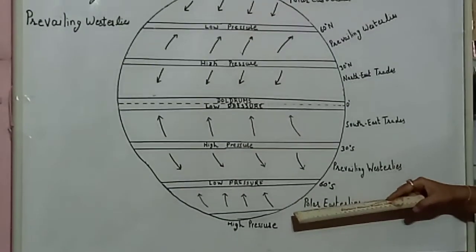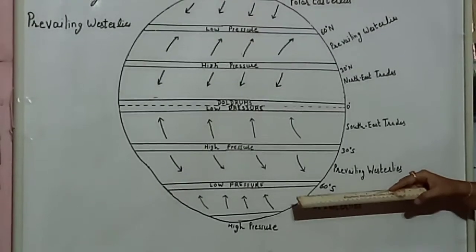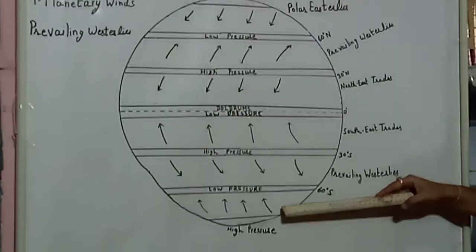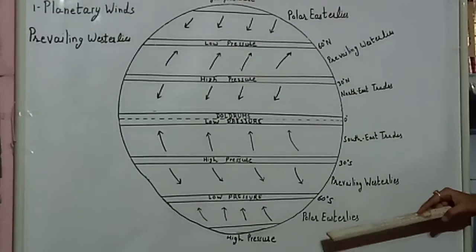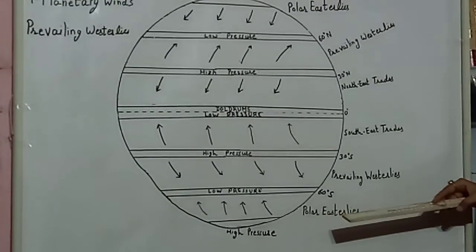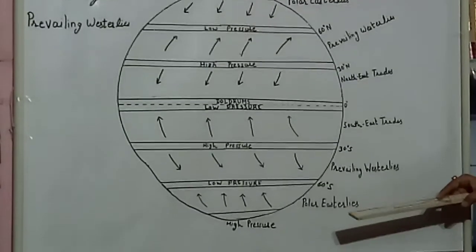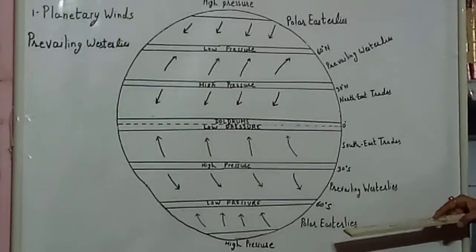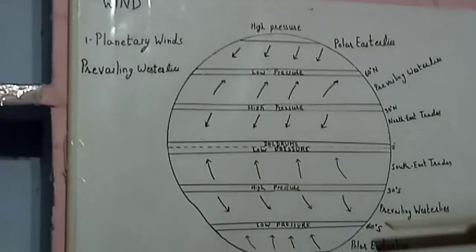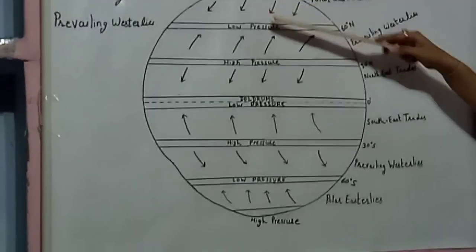These winds are known as north polar easterlies and south polar easterlies in the northern and southern hemisphere respectively. These winds are cold and dry as they blow from the cold ice-capped regions.